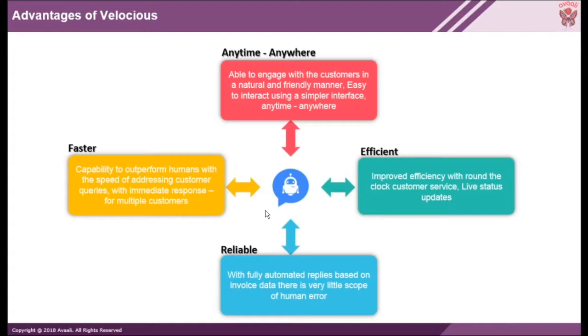Whatever is in the system will be reflected through the status, so there's very little scope for human error. And it is very fast. As we humans tend to take some time to go through the system, go through the emails, and respond, this can instantly go into the system and get back the response for the vendor.